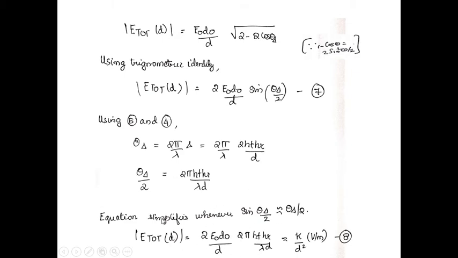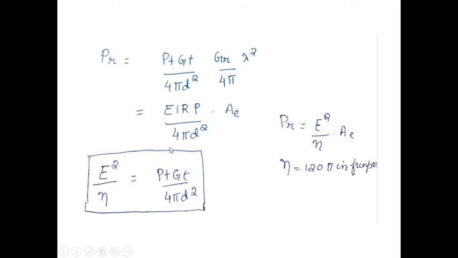Now I would like to find the received power. So how do we find the received power? In order to find the received power, we have to recollect the equation for the received power from the free space model, as well as, from the basics of antennas, the relation connecting the received power with the impedance.